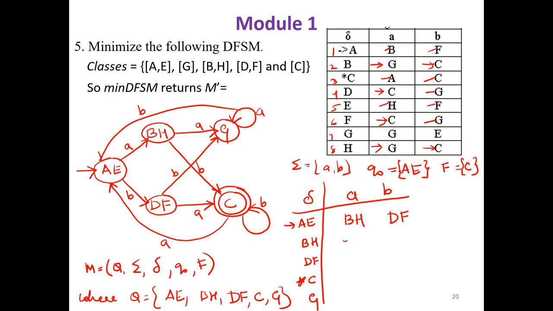BH on A is going to G, BH on B is going to C. DF on A is going to C and on B it is going to G. C, on A is going to C and on B it is taking a self loop. For G, on A a self loop and on B it is going to state AE. So this is the complete definition of the minimized DFSM.